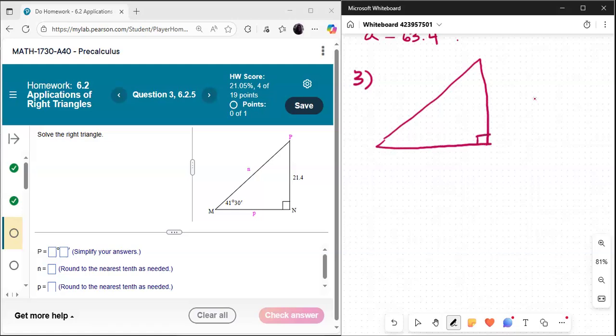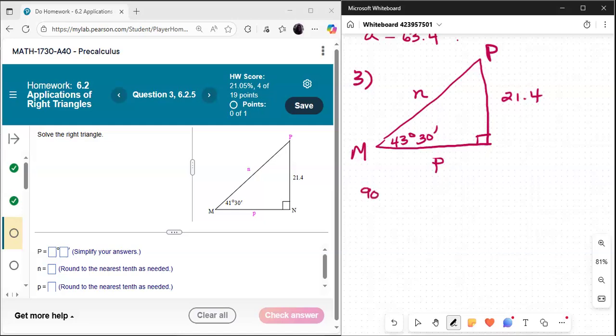All right, so we have angle M is 43 degrees, 30 minutes. And so because M and P are complementary, we know that we can subtract 43 degrees, 30 minutes from 90.